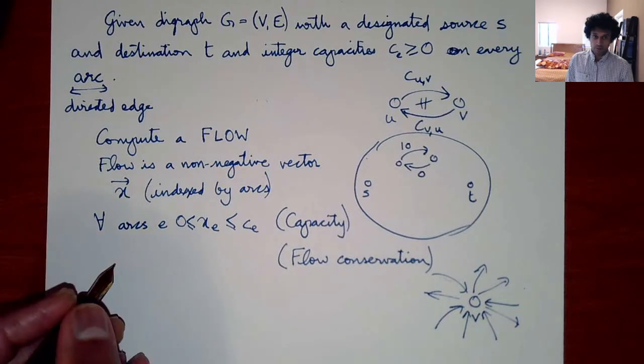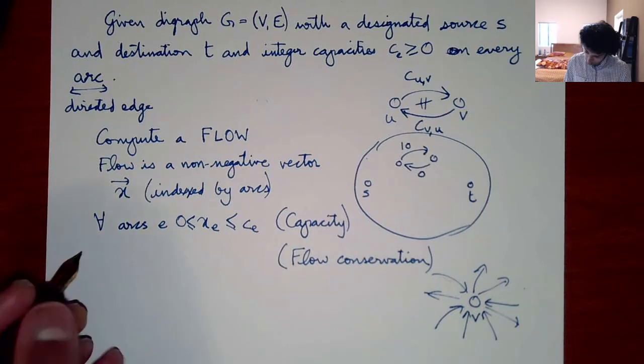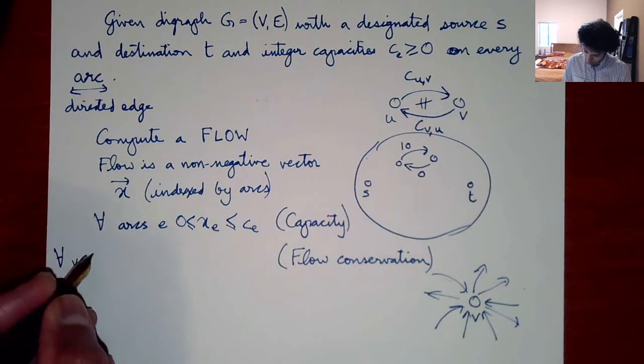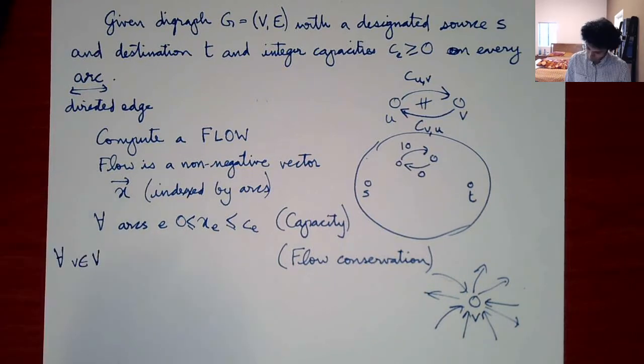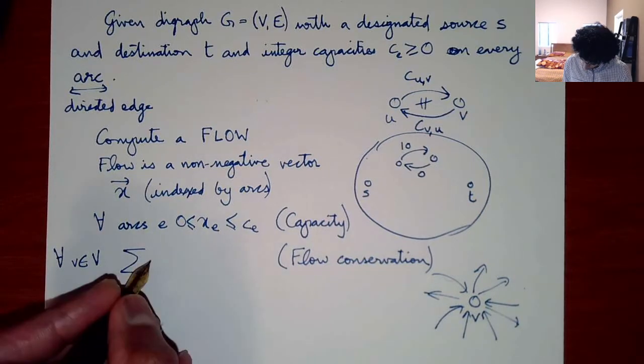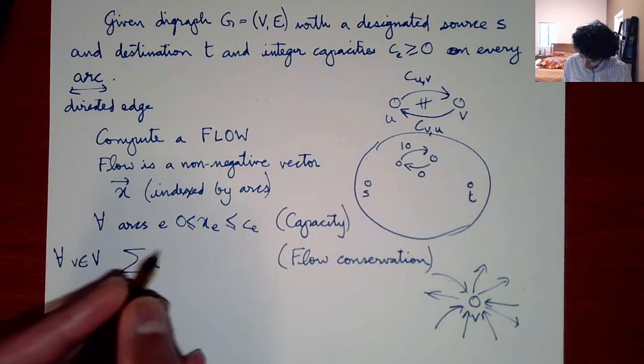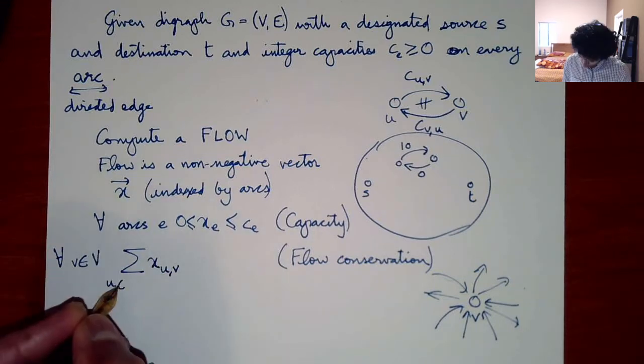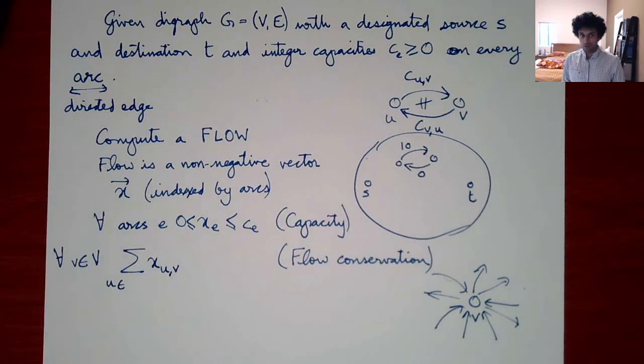And the way that we can write this is to say that again for all vertices V, we can sum over all the flow that is coming into a vertex, so that would be all the in neighbors.